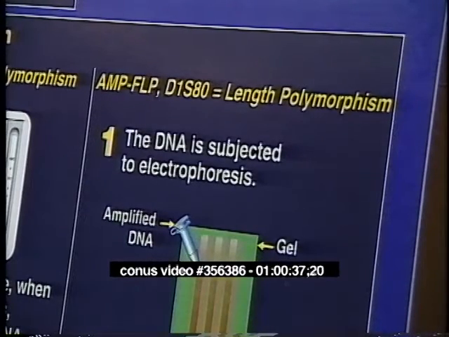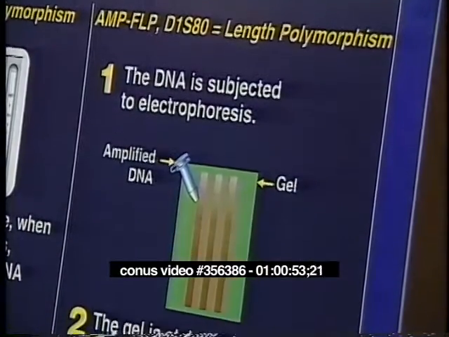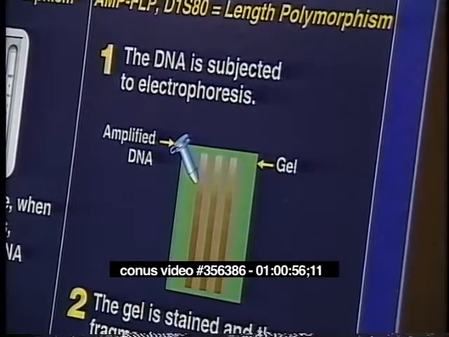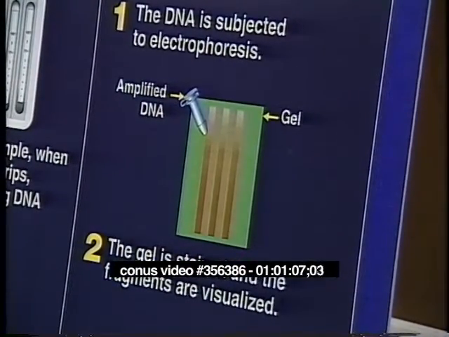Okay, so in this case, you have amplified DNA. The pieces that you amplified may have different lengths, and so you're using a gel, which is our green gel here with the red DNA on it, and the DNA is loaded into the gel. It's a slightly different type of gel than the one I described yesterday, but the principle of how the gel works is exactly the same. And the gel is subjected to electrophoresis, and the current moves the DNA through the gel. It moves through based on its size.